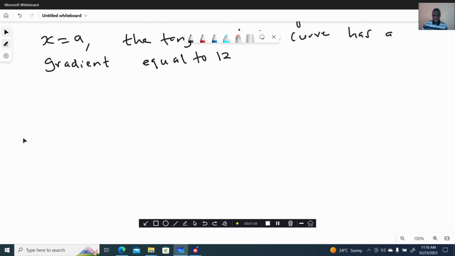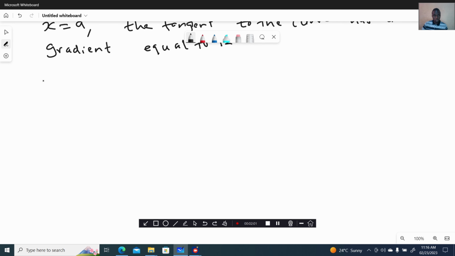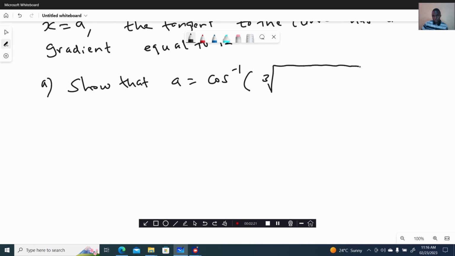So what do you have to do in this case? Part A, you need to show that a equals cosine inverse of the cube root of cos a plus 2a sine a, divided by 12.